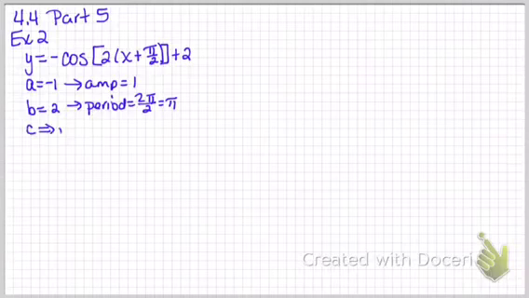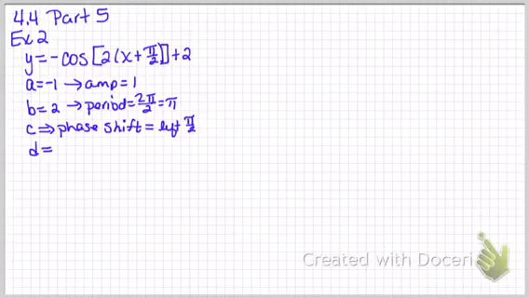C is going to give us that phase shift. It shows up there as a positive pi over 2, so we know that means we're going to go to the left pi over 2. And then D is going to be a positive 2, which tells us our graph is going to have a vertical shift up 2.